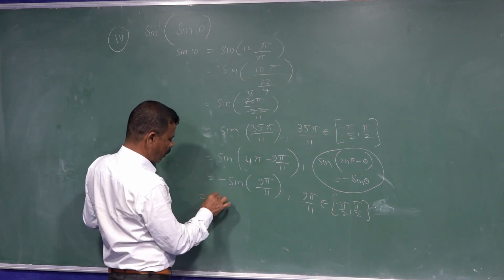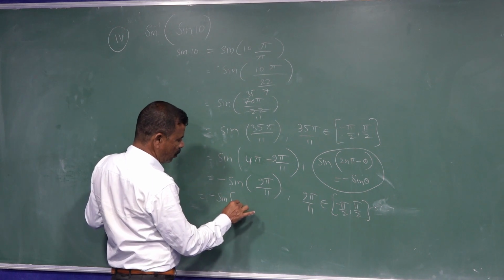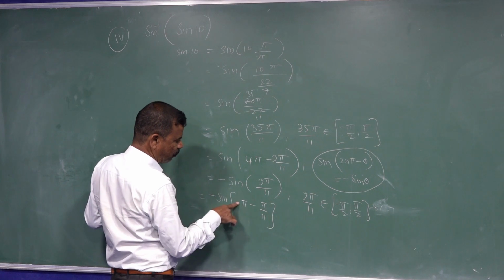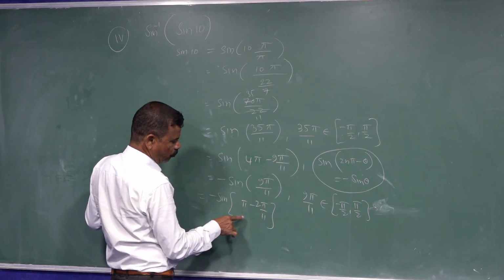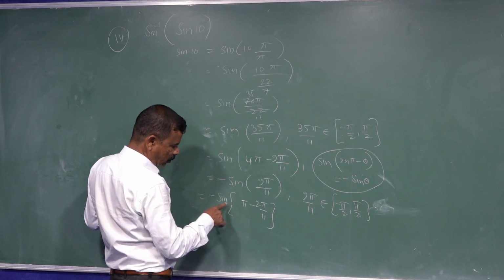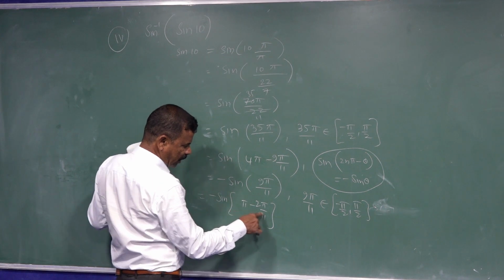That's why again we change the minus sign: 5 minus 5 by 11. Check: 11 5 minus 2, 9 5 by 11. Now this is sine of 180 minus theta, the second quadrant.